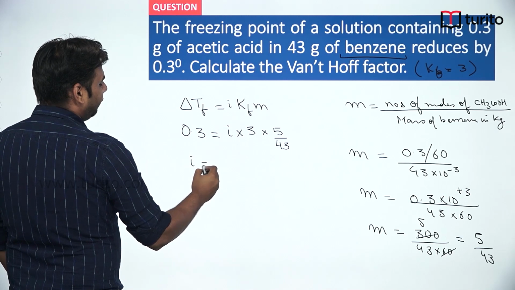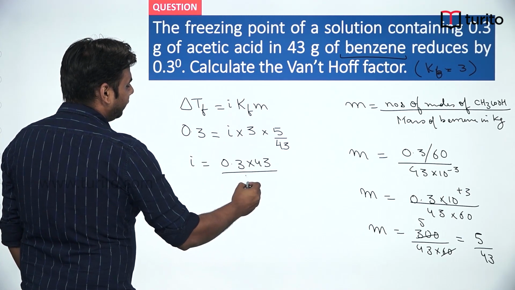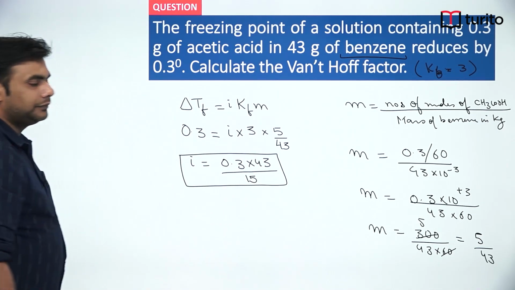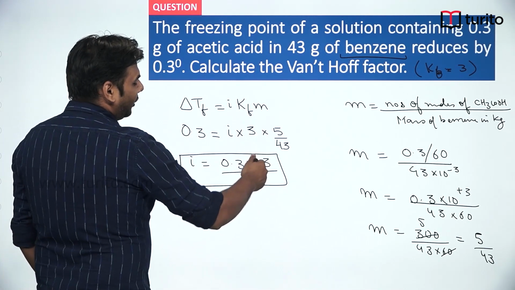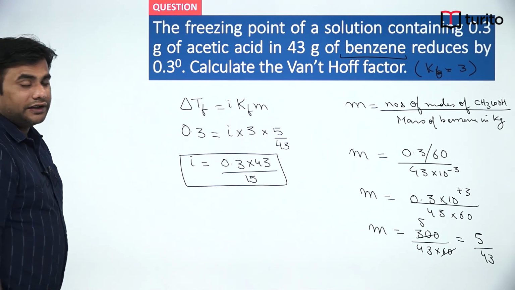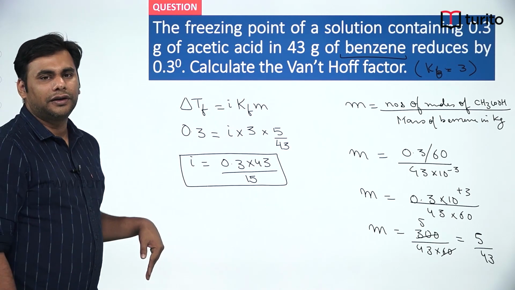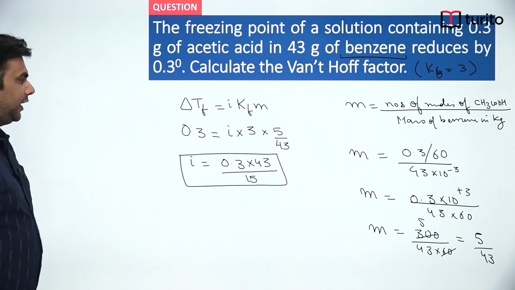So we'll get the value of i as 0.3 into 43 divided by 15. Okay, hope this is clear to you. Now you can clearly see that this is round about 43. You can take it as 45. So 45 by 15 is 3. So 3 into 0.3 would be 0.9. So we'll get the value less than 0.9 over here. Okay, Van't Hoff factor is less than 1 because it's a dimerization reaction.